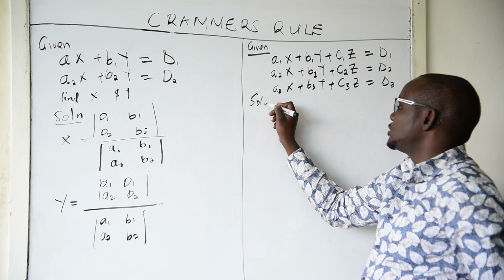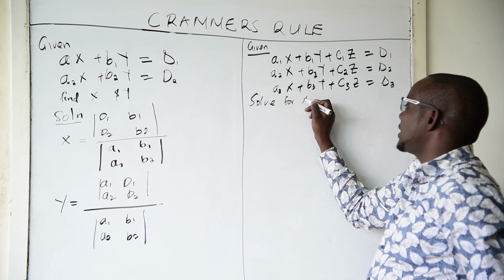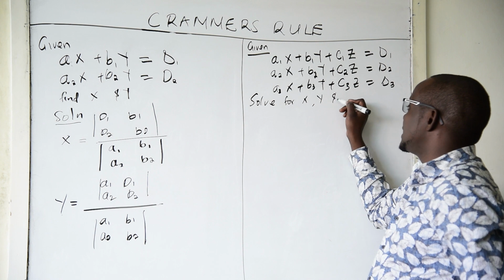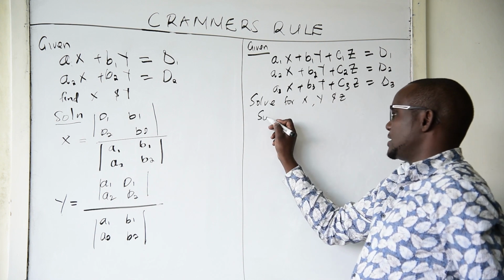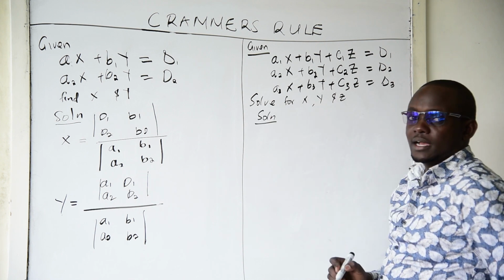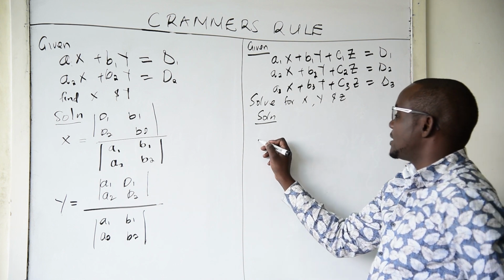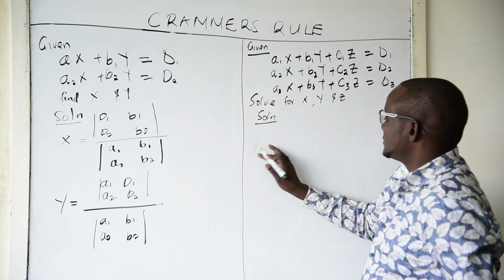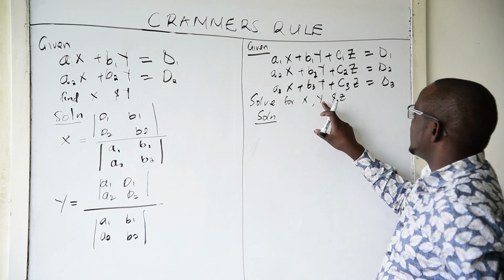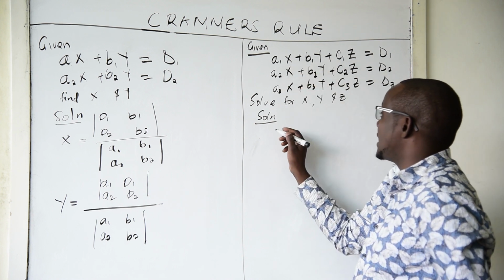So if you are told to solve for x, y, and z using Cramers Rule, this is what it argues: that if you want to get the values of x, y, and z, you can first get the matrix.